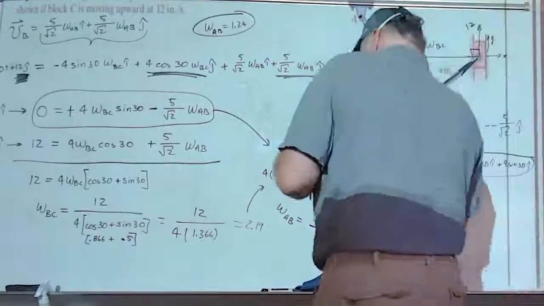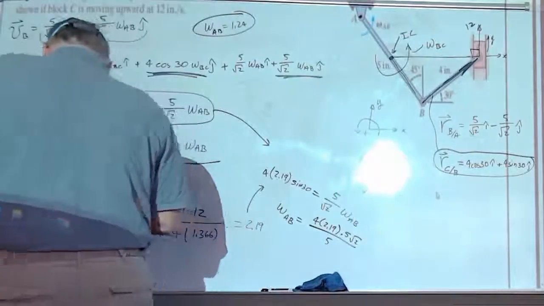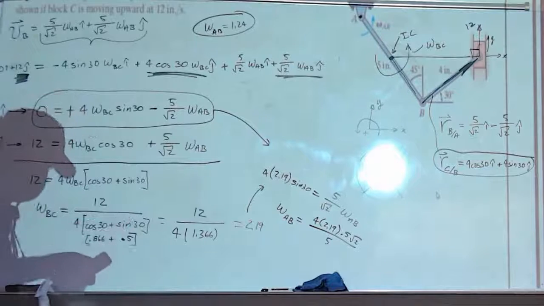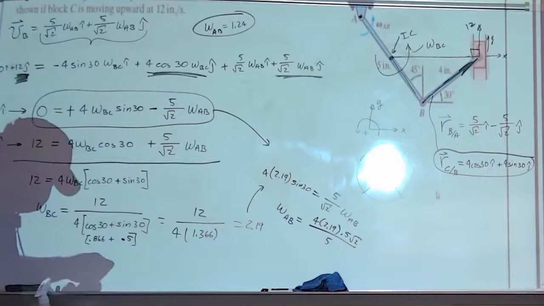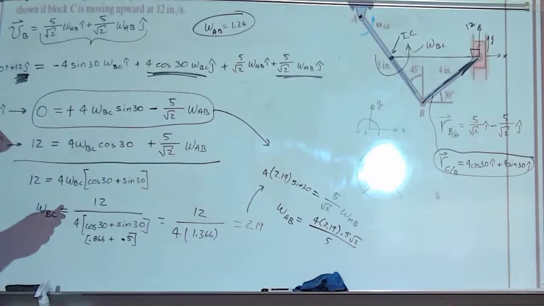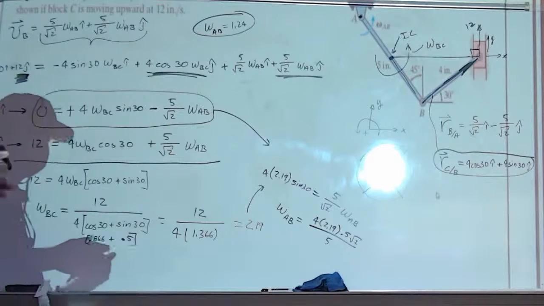So, good grief, times 4, times 0.5, times square root of 2, divided by 5, 1.24.